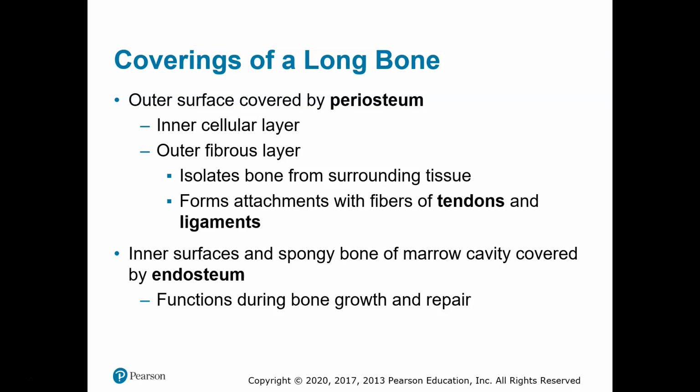The outer surface of the bone is covered by periosteum, which has a cellular layer and a fibrous layer. So the cellular layer can form new bone tissue. Those cells can divide and form new bone cells. But this periosteum isolates the bone from surrounding tissue, and it forms attachments with the tendons and the ligaments. Remember, the tendons connect bone to muscle, and ligaments connect bone to bone.